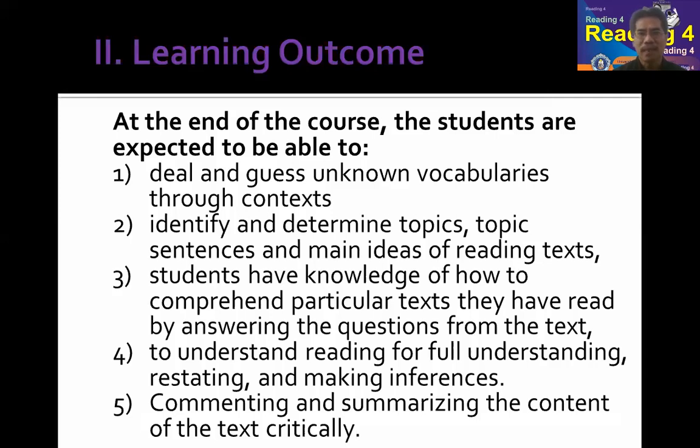And then expectation number 5 is to comment on and summarize the content of the text critically. It is very common for students to make a summary and then to criticize what you have read, in terms of making a summary critically. That is the learning outcome.